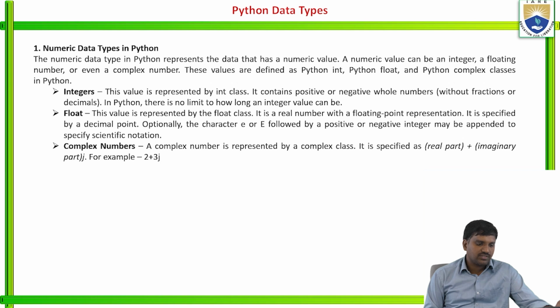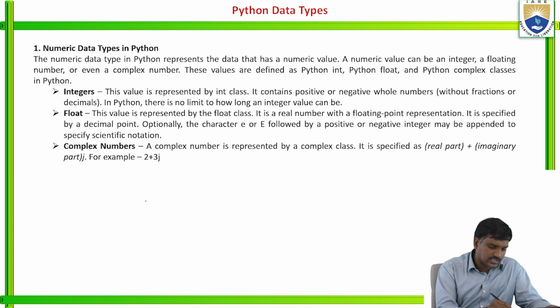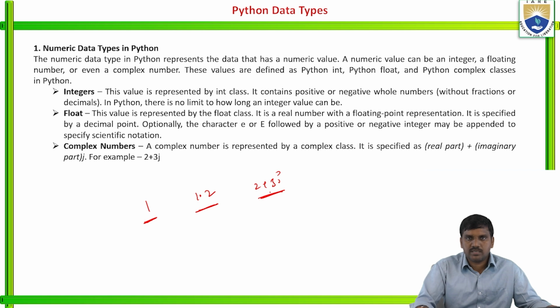Let's start with the first type of data types, that is numeric data types available in Python. In numeric data types we have integers, floats like 1.2, and complex numbers like 2 plus 3j. This is the integer value, this is the float value, and this is the complex number or imaginary value.